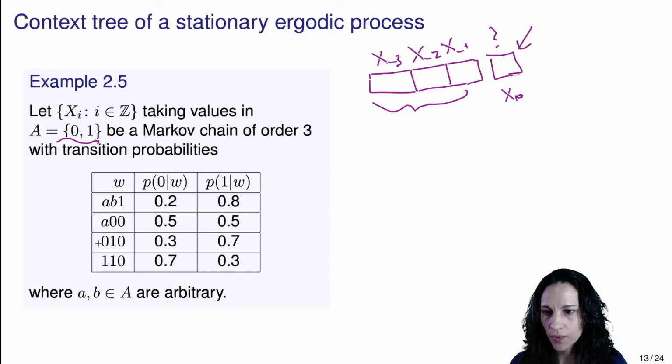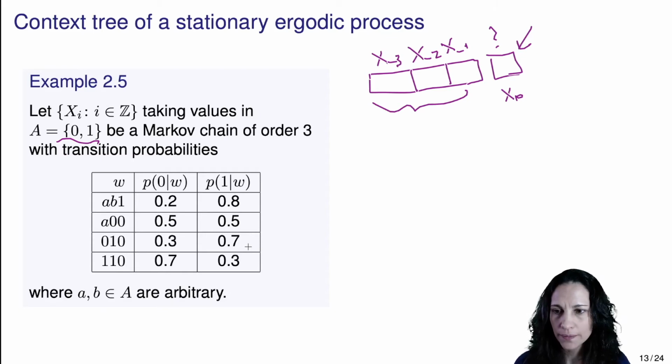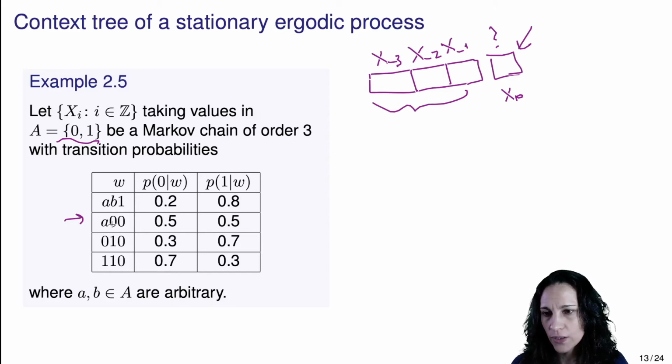The same for the sequence 0, 1, 0: then we have a probability of 0.3 of seeing a 0 and 0.7 of seeing a 1. And here, as we have a variable a that can assume the value 0 or 1, we have the same probability of 0.5 of seeing a 0 or 0.5 of seeing a 1 for both sequences 0, 0, 0 or 1, 0, 0.